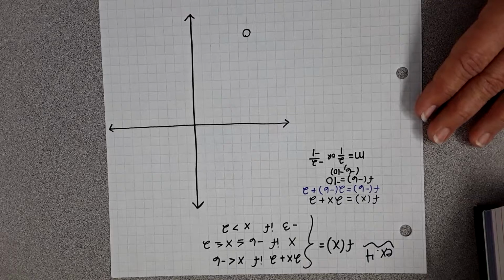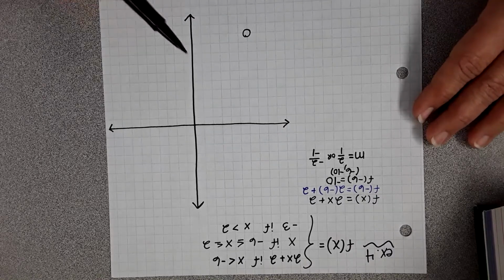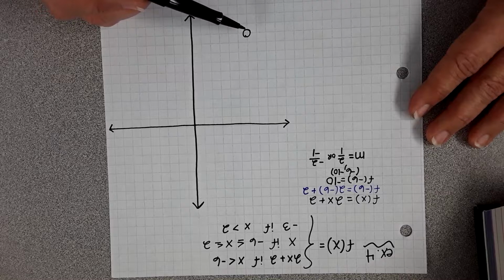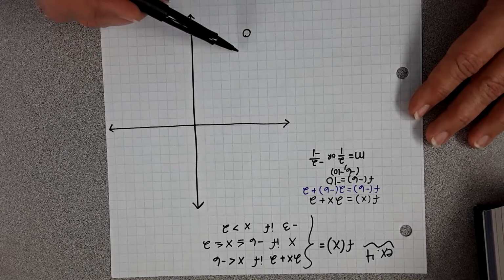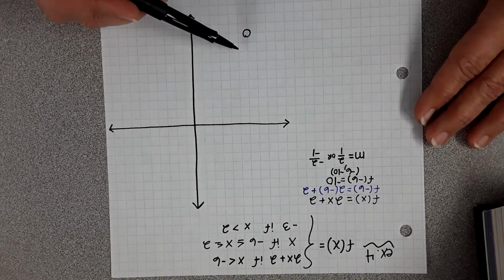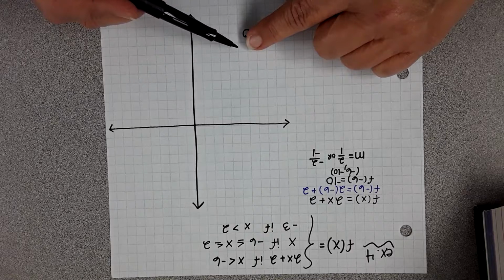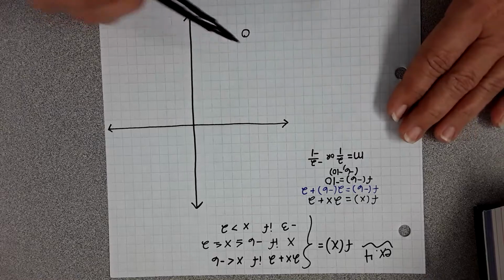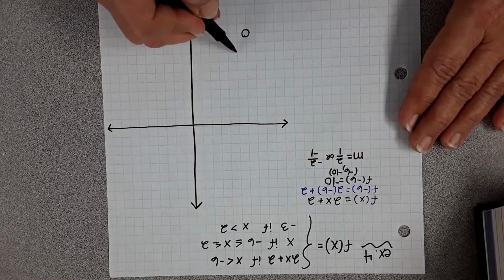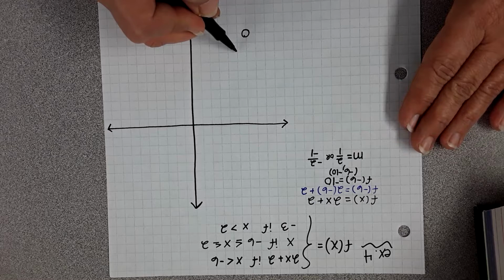Okay? The reason I did that is because I want to make sure of something. My slope is 2 over 1. So if I go up 2, to the right 1, does that give me values of x being less than -6? I apologize, less than -6. If I go up 2, to the right 1, no, that gives me -5.